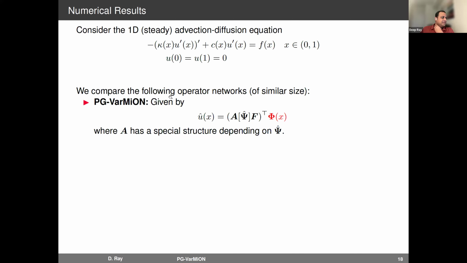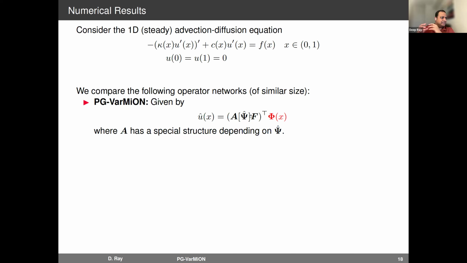So remember what the PG-VarMiON is: U hat, where the solution is given by coefficients, which are given by this matrix A that depends on psi hat, acting upon the vector F, which is a discrete realization of F. That gives you the coefficients, and you take the dot product with the given trial basis that is fixed, right, to get the solution.